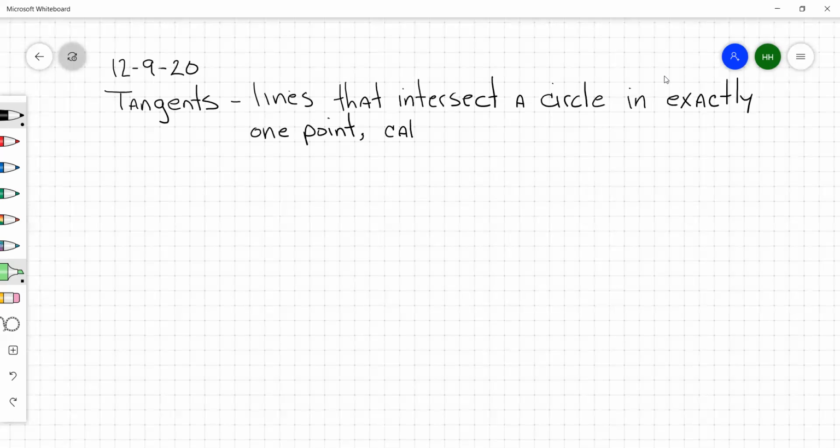Called, this is tricky now, be careful. Lines that intersect a circle in exactly one point, called the point of tangency. It's a tricky name for that point.